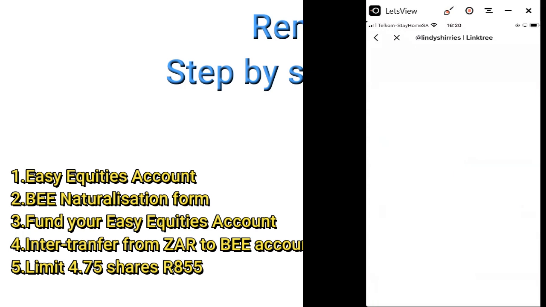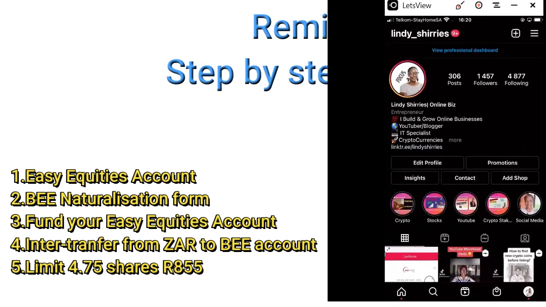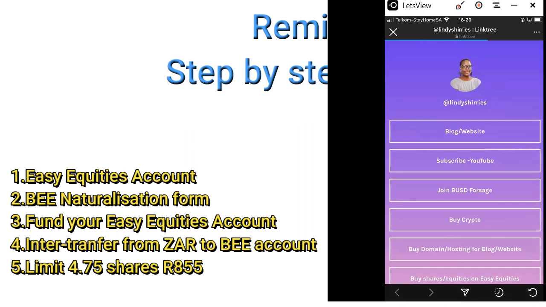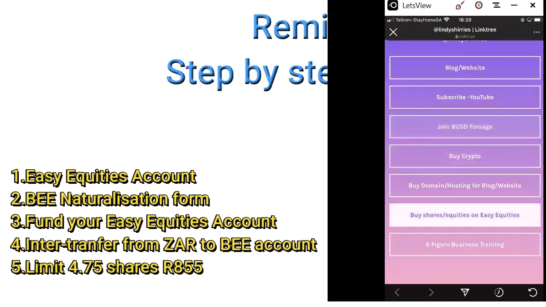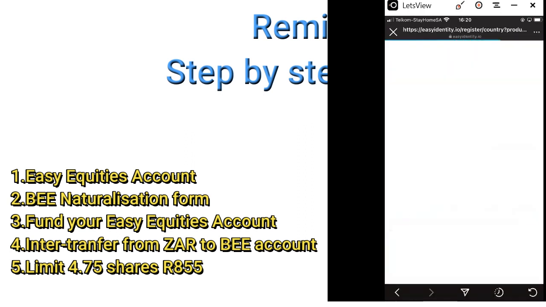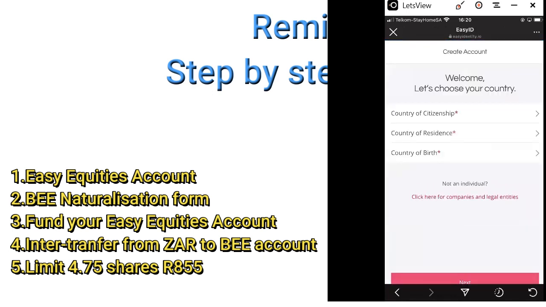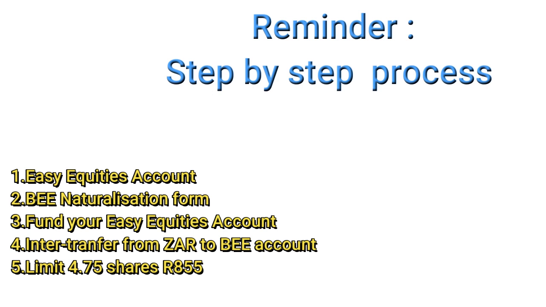The third step is you need to find your Easy Equity ZAR account, so you get your banking details, you select your bank, and you get the right reference. Otherwise, the money won't be allocated to the right account. The fourth step is you need to do an inter-transfer from your ZAR account to your BE account, for the money to be on your BE and for you to be able to buy those shares.